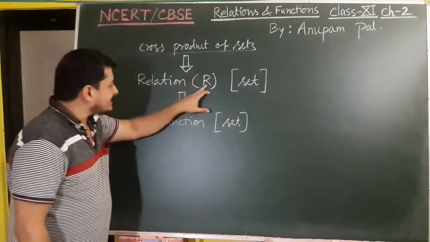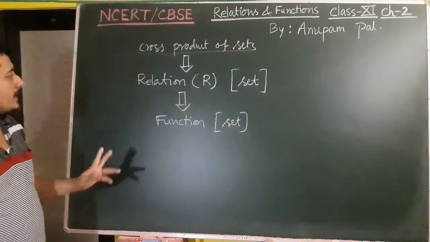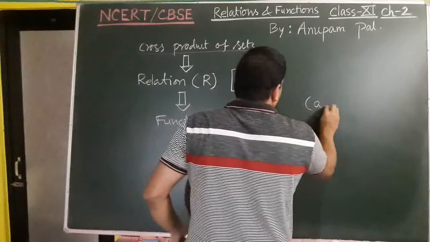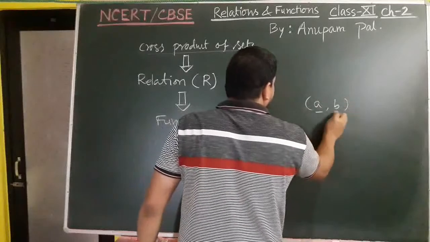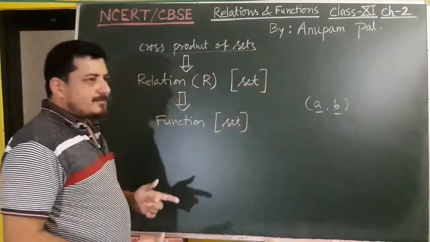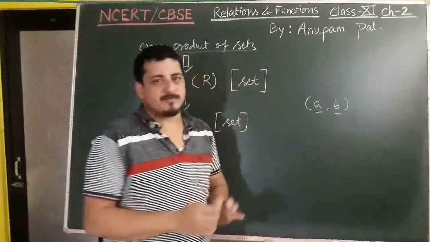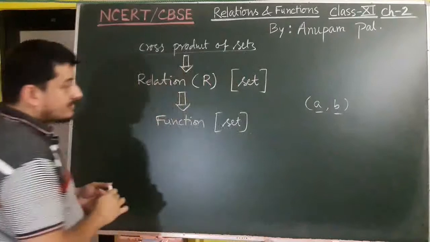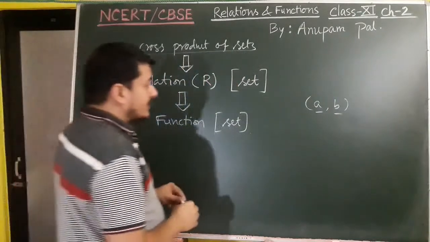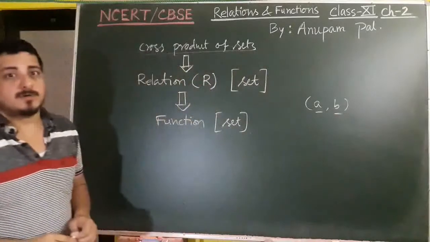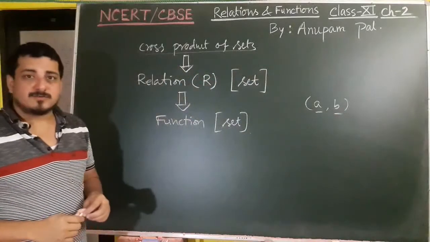Now relation, this one is a set, I have told you, and we write it as A comma B. That means it is a recognizable link or connection between these two entities or these two variables. Now the important thing is how can we express the recognizable link between these two elements?